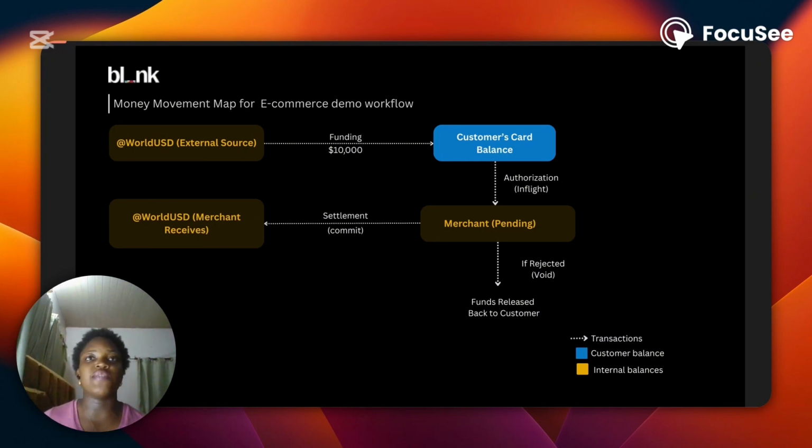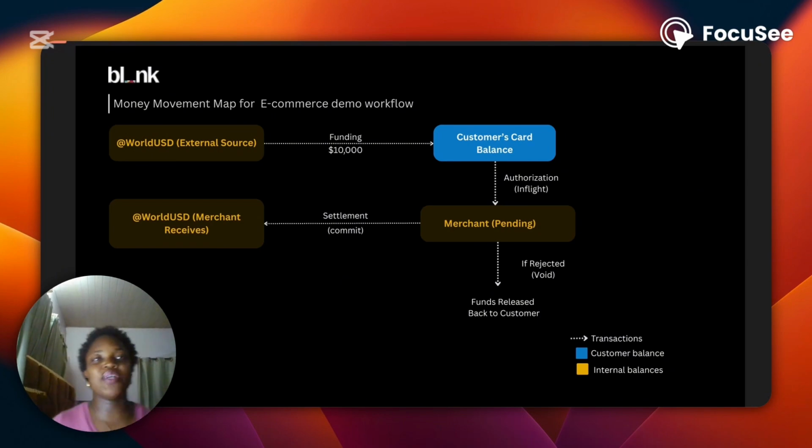In simple terms, it's basically the pending transaction, and later the merchant decides to accept or reject the payment. If the merchant accepts, the money moves permanently. If the merchant rejects it, the hold is released. And that is exactly how real payments work. So it's authorization first and settlement later.